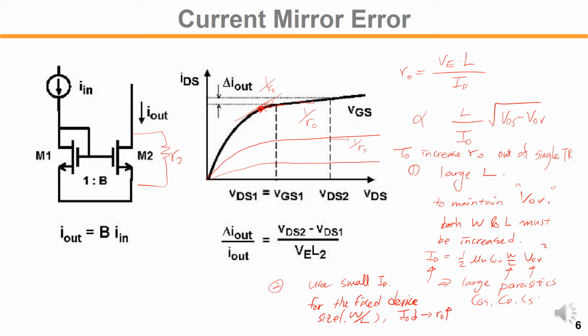This is only useful if you have the freedom of changing the current level, okay? And also try to maintain a large VDS, meaning a large margin to the triode region.